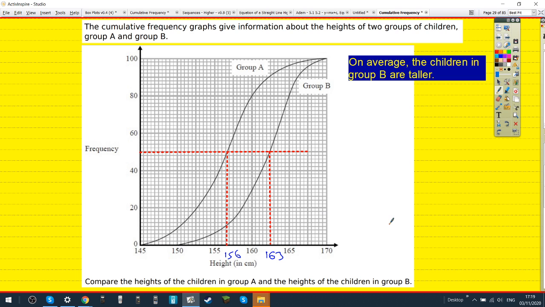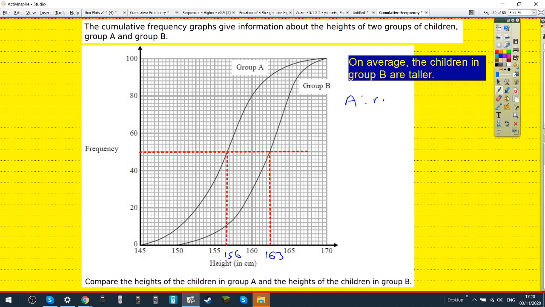The range of the height is 56 to 156. Tallest boy, shortest boy. The tallest boy is 170. Shortest boy is 145. Mm-hmm.